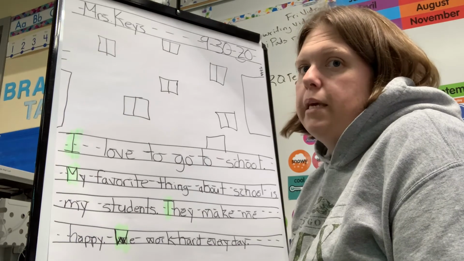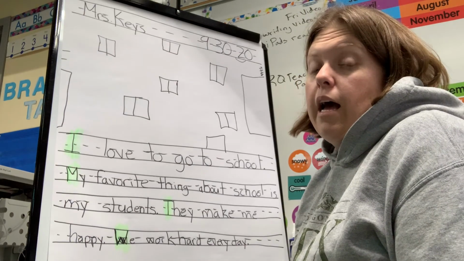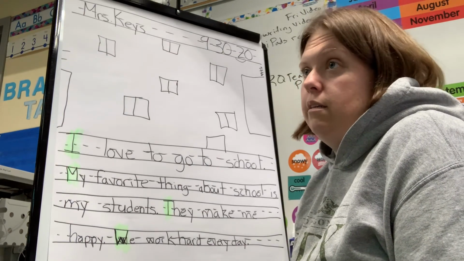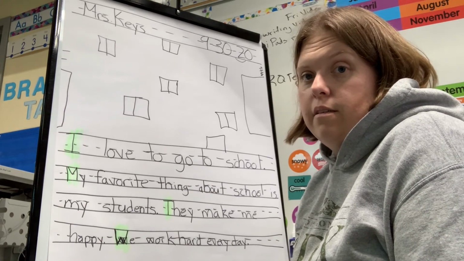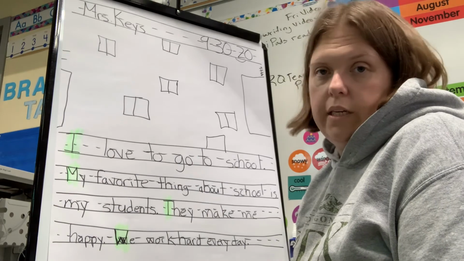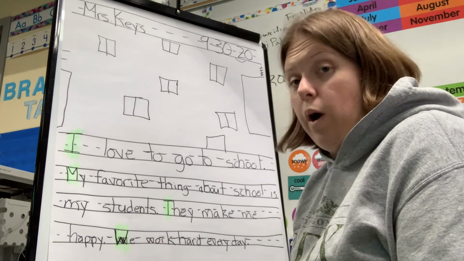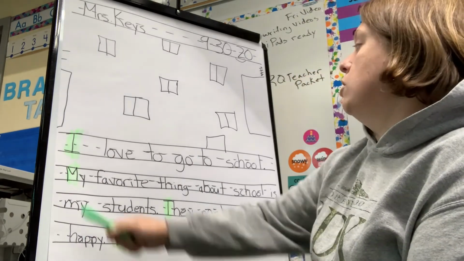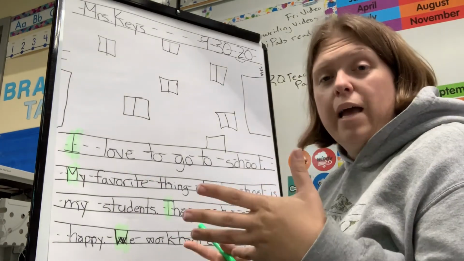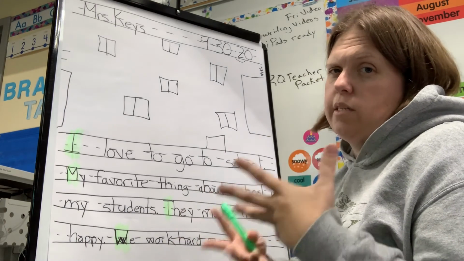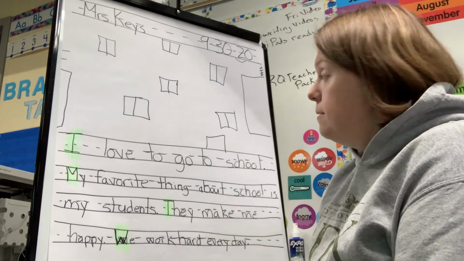I love PE. I enjoy playing with the toys. I love learning to read. Whatever your reasons are, why you're excited to come back to school. So I love to go to school, and then write me a couple more sentences about why, what is it you love about school, why you're excited to come back, okay?